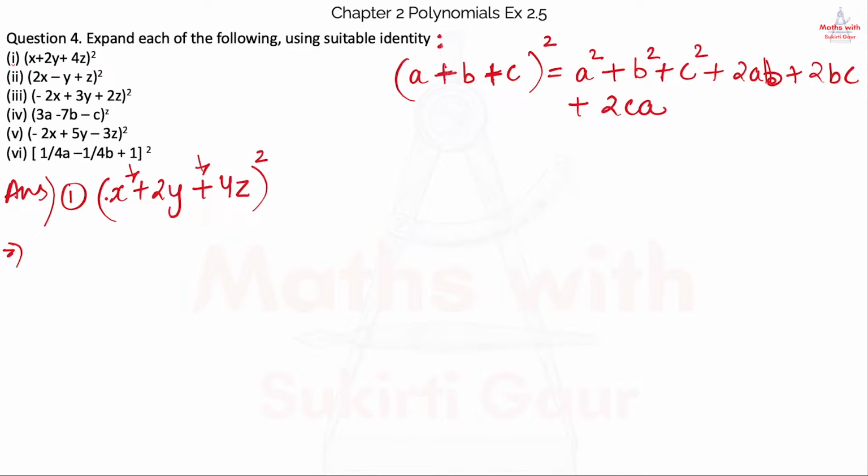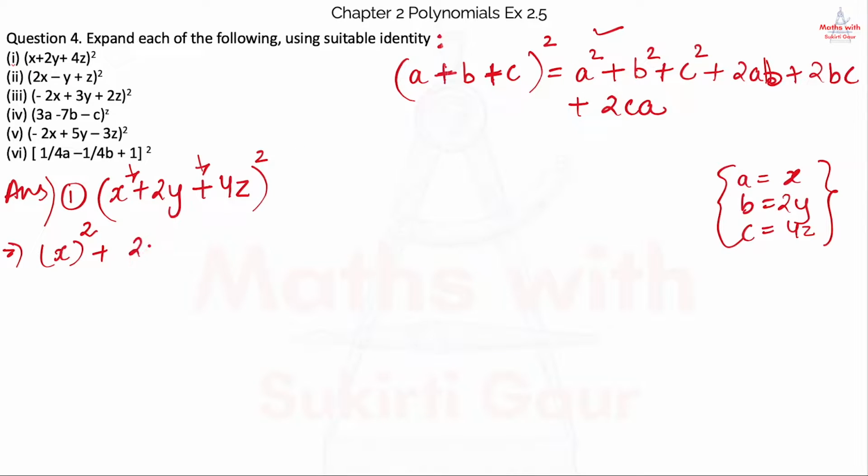So I can take a as x, b as 2y and c as 4z. Now expanding it as a square, x square, plus b square, 2y square, plus c square, 4z square.